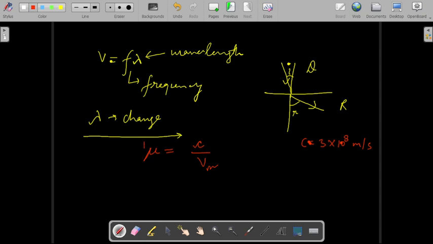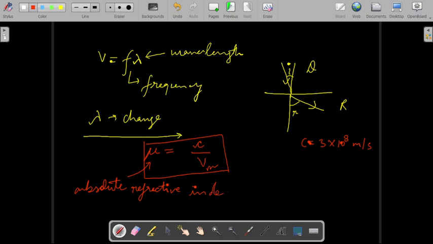So this is the new definition for refractive index, which we can express in terms of the speed of light in air or vacuum and in that medium. From here we can obtain the absolute refractive index. This refractive index is also called the absolute refractive index of that medium, because it is with respect to air or vacuum only. I hope this is clear.